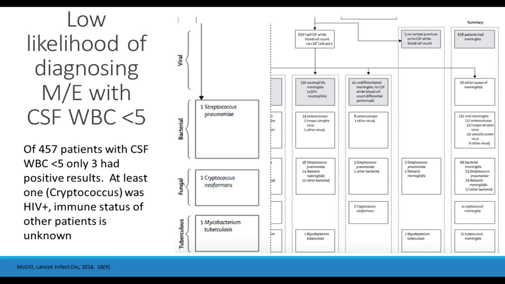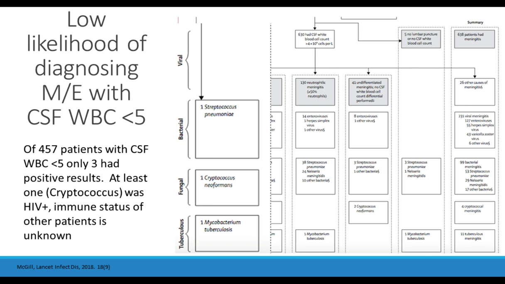So one approach which has really started to pan out is looking at your pretest probability. In this particular study out of Lancet Infectious Diseases from a couple of years ago, they looked at the probability of diagnosing meningitis and encephalitis in a patient who had a low white blood cell count in their CSF. They had 457 patients with a low white blood cell count in their CSF.